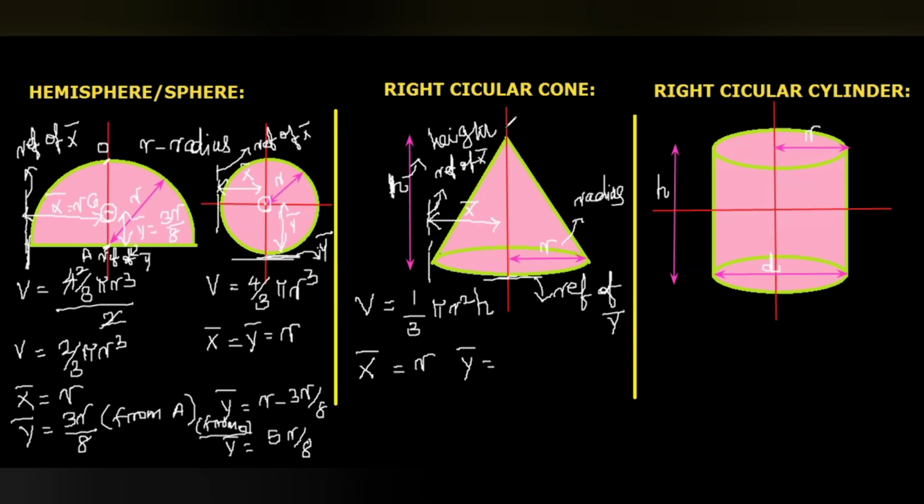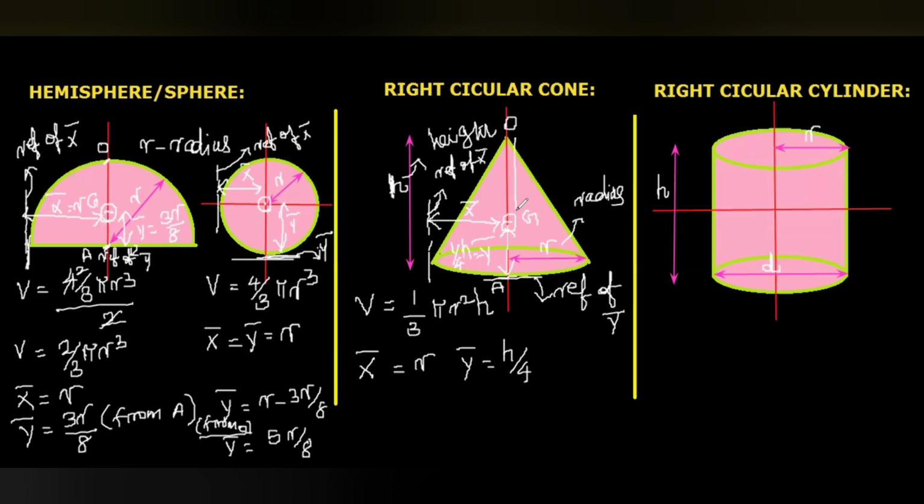That also from the point O we can mention, from the point A. But here, as per this geometry, the y bar is from A. Okay. If you consider the geometry, the geometrical center, the center of gravity is here, this will be y bar. Here the y bar will be 1 by 4 h, or simply we can say h by 4.